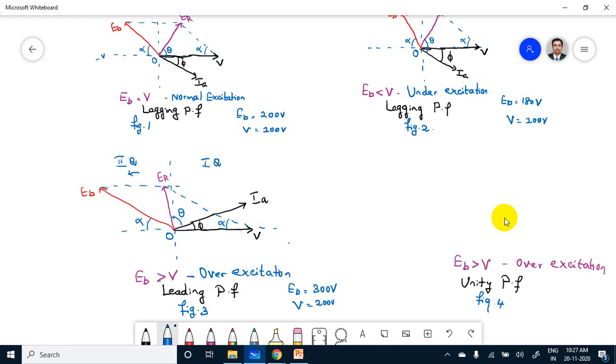Now you have to draw the phasor diagram, that is the vector diagram.